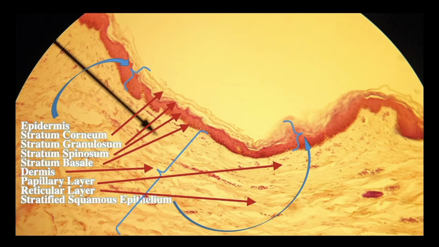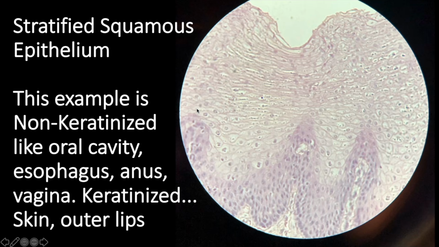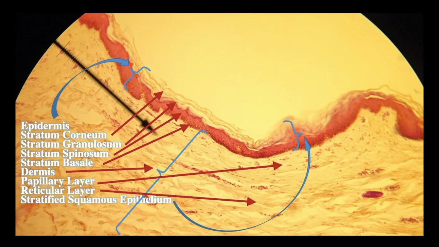Okay, very good. Here is an example of thin skin. This would be keratinized. You see how these cells here are translucent. I mean, they're clear. I don't see any nuclei. I see nuclei all through here, but this top layer would be an example of keratinized.